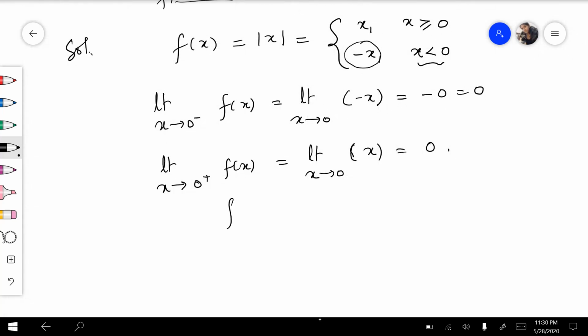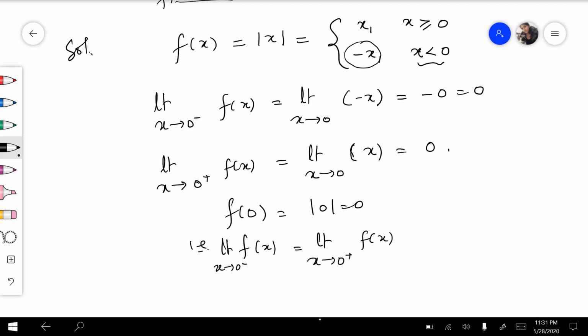And f(0) is equal to modulus of 0, which equals 0. That is, limit x approaches 0 negative of f(x) equals limit x approaches 0 plus of f(x) is equal to f(0), implies f is continuous at x equals 0.